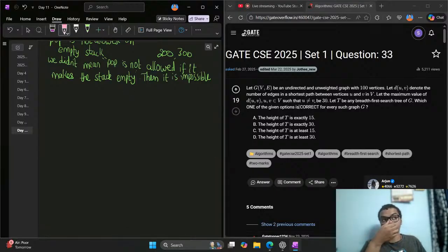Undirected, unweighted graph, 100 vertices. The number of edges in the shortest path between U and V, the maximum of d(U,V) is 30. Breadth first search.